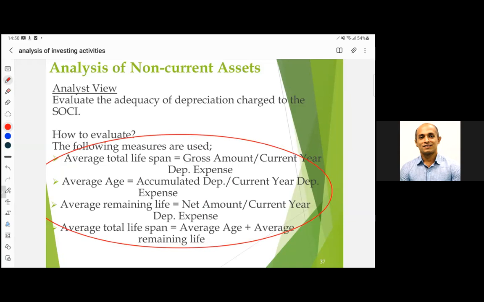So you can calculate these ratios and make sure the company has adequately depreciated and made adequate impairment adjustments in the accounts.